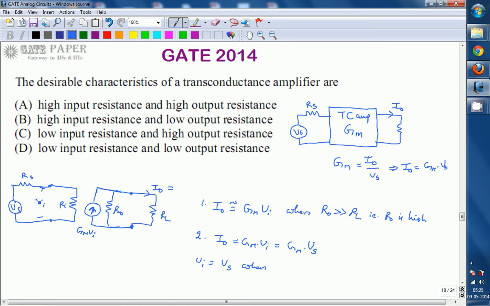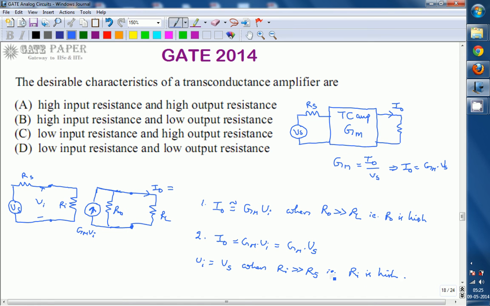If both have to be equal, then Ri has to be very large compared to Rs. When Ri is very high, the total voltage drops across the higher resistance value, which is known from the voltage division rule. So for the input characteristic, the input resistance Ri also has to be high.